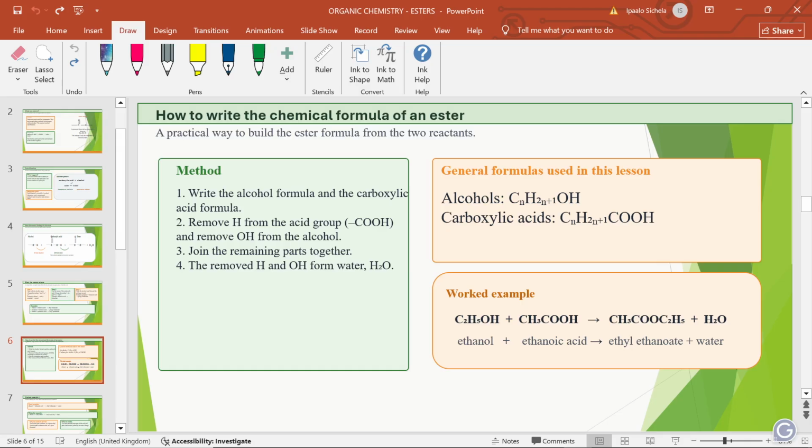You remove the hydrogen at the end of the acid, then you remove the hydroxide at the end of the alcohol, then you combine whatever is remaining of the alcohol with whatever is remaining of the carboxylic acid, then you write water. So that's how you write the chemical formula of an ester.